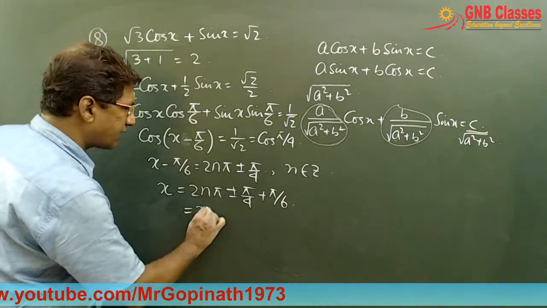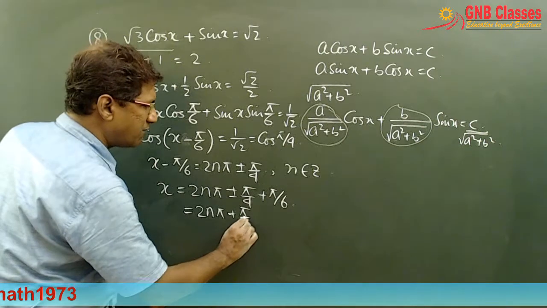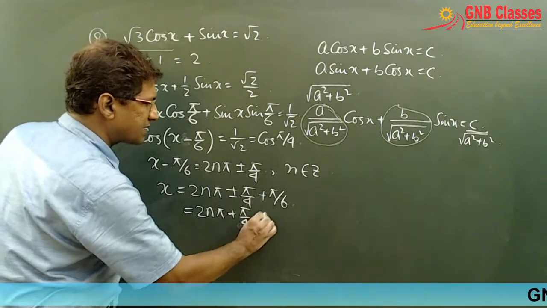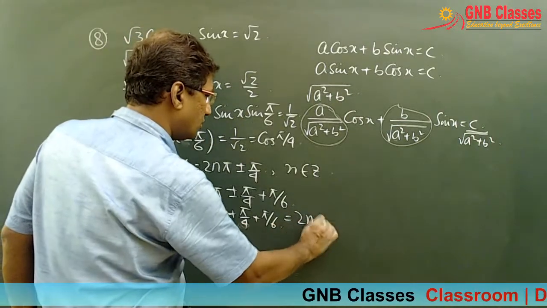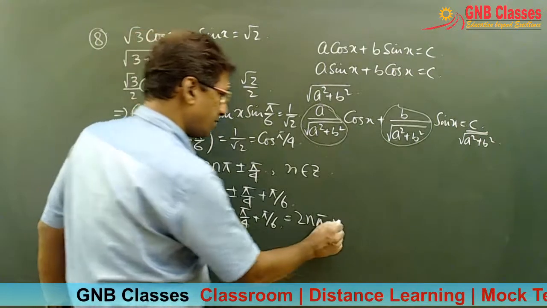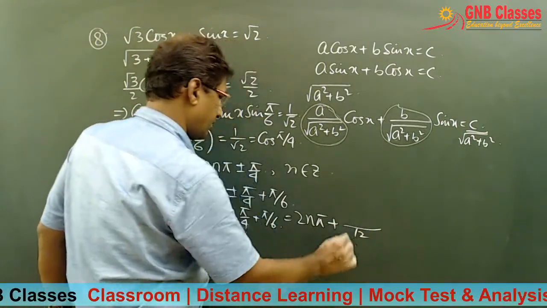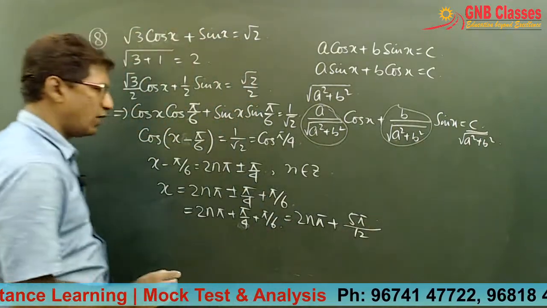Now, first you take the plus sign. So pi by 4 plus pi by 6. So we are getting what? 2n pi plus, it's 5 pi by 12, okay?